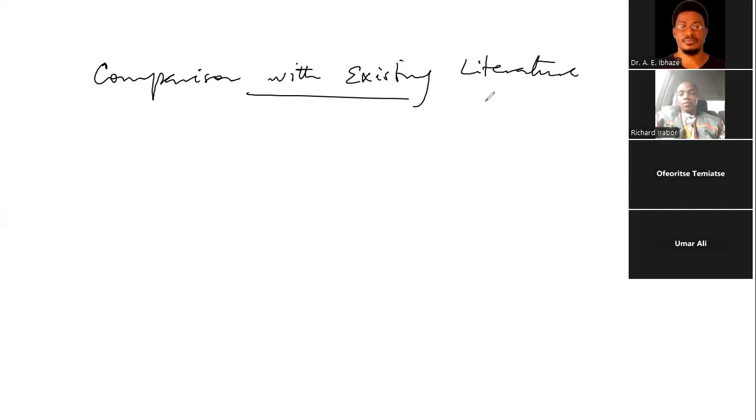So this is the good time to now compare your findings with findings in existing literature. So here, you want to identify whether your results align with or contradict past studies. So identify.